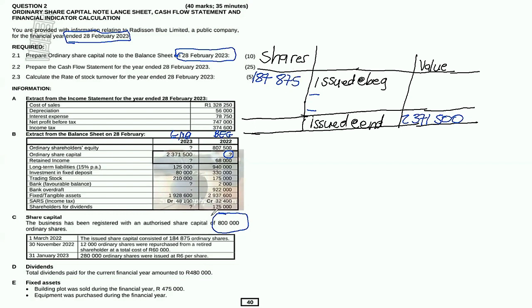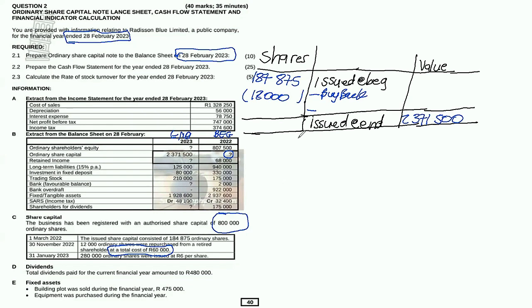However, on 30 November 2022, you decided to repurchase 12,000 ordinary shares from a retired shareholder, at a total cost of 60,000. So after issuing at the beginning, you decided to buy back 12,000 shares, right?